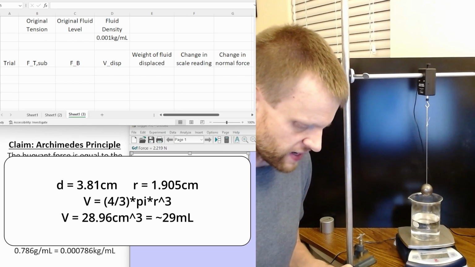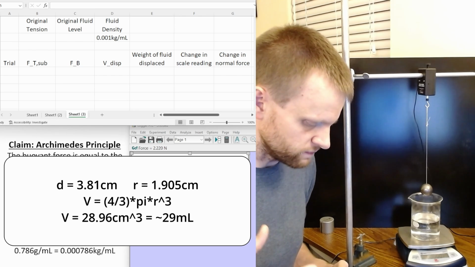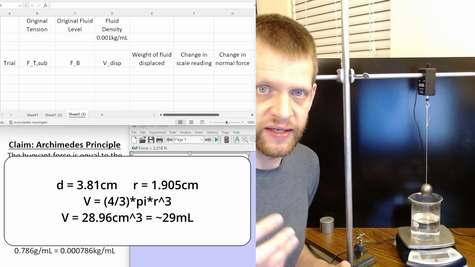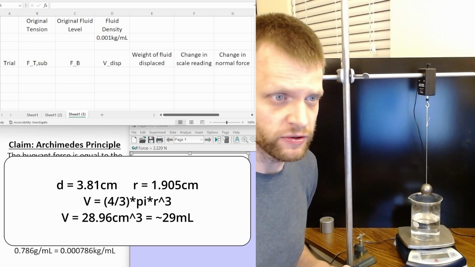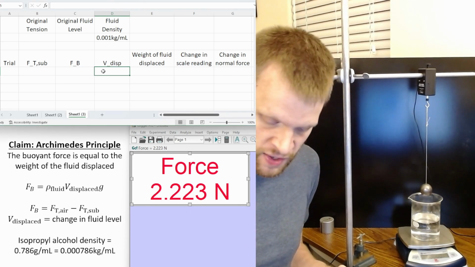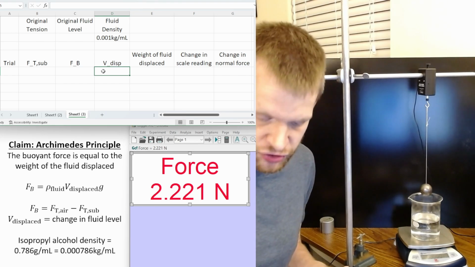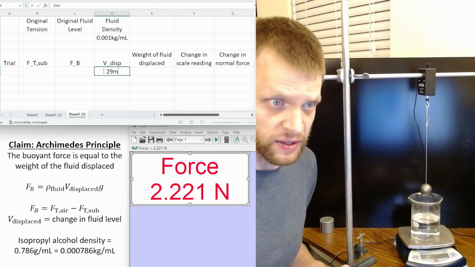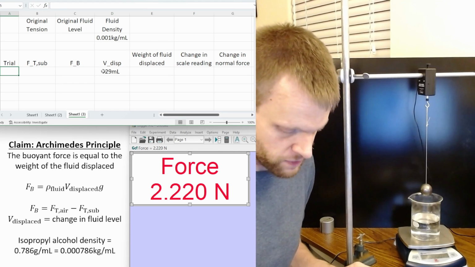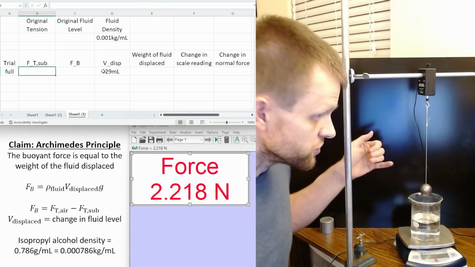I got right around 29 cubic centimeters. A cubic centimeter is the same as a milliliter, so the volume of water displaced when we fully submerge this is going to be 29 milliliters.